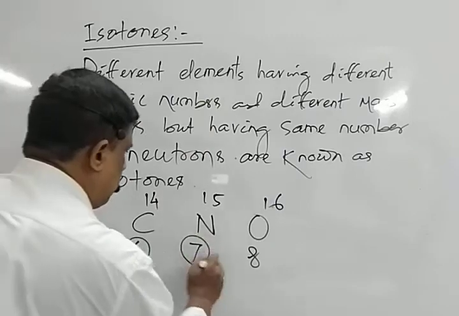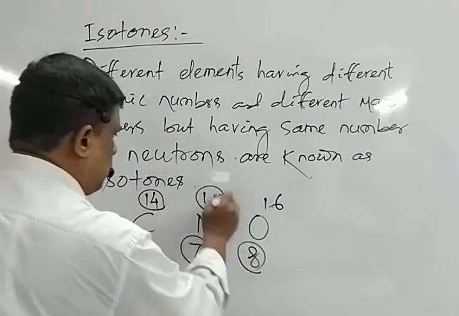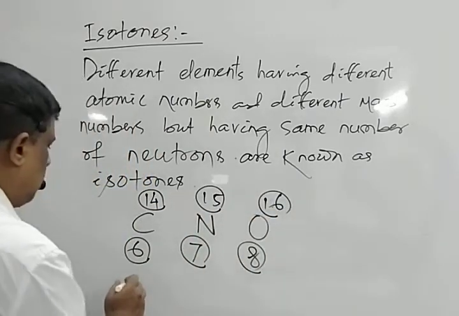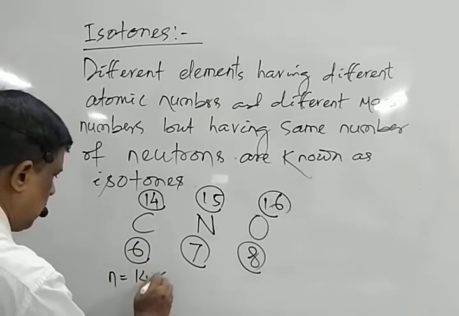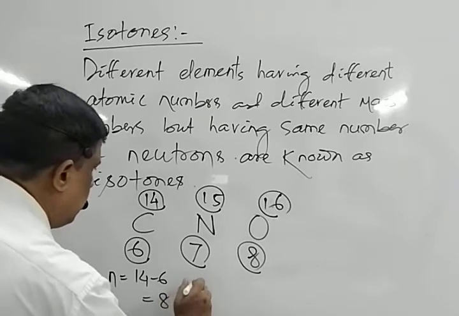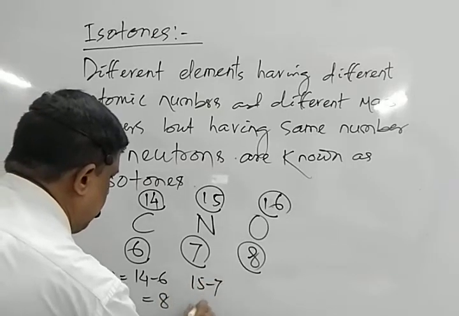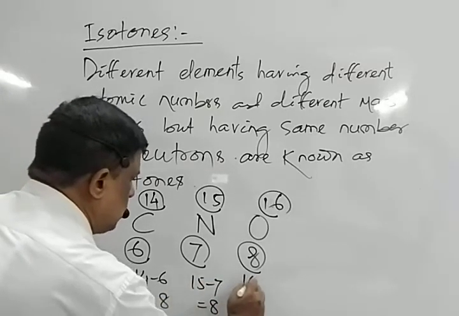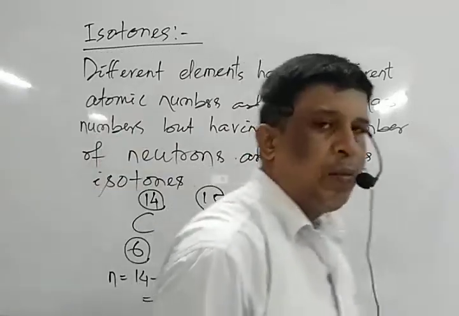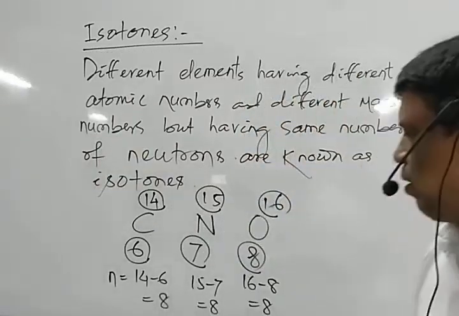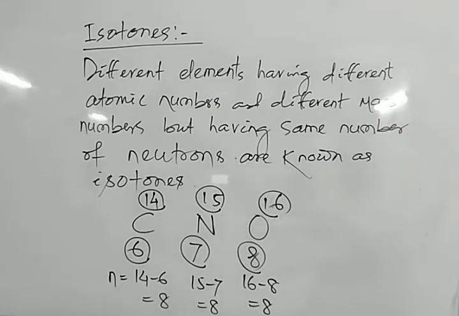Mark that, atomic number differs, mass number also differs. That means here number of neutrons is equal to mass number minus atomic number. 8 is equal to 15 minus 7, 8. 16 minus 8 is equal to 8. Mark that. Atomic number differs, mass number differs, but the total number of neutrons remains the same.